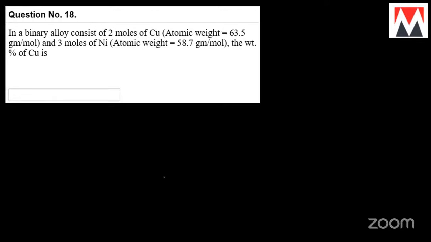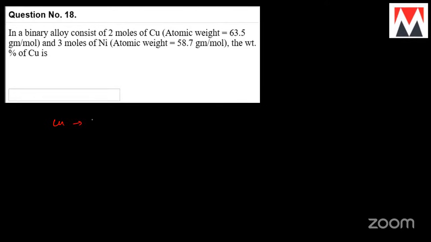So this question, if you see, in a binary alloy you have 2 moles of copper. Very good, someone is already giving the answer.